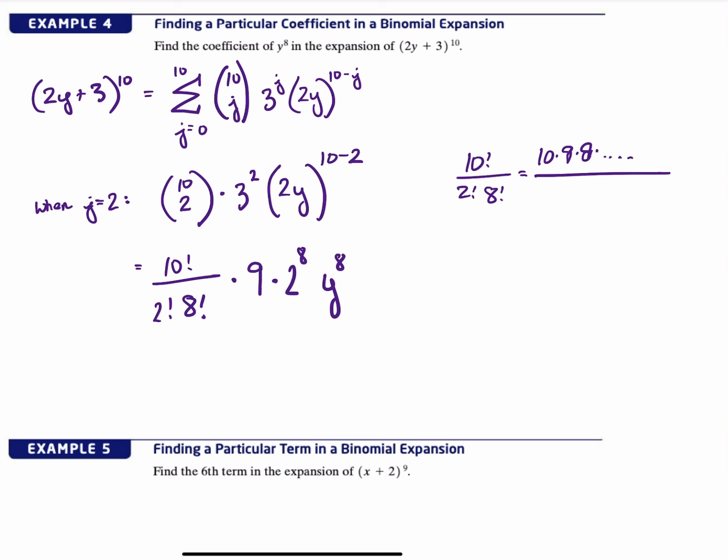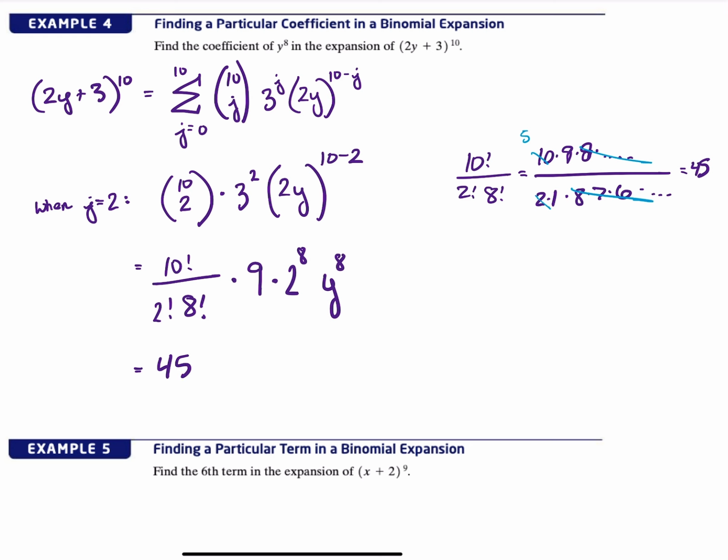Notice from 8 on top, we'll cancel with the 8 factorial on the bottom. And then we can say 2 goes into 10 5 times. So really it's 5 times 9, which is 45.